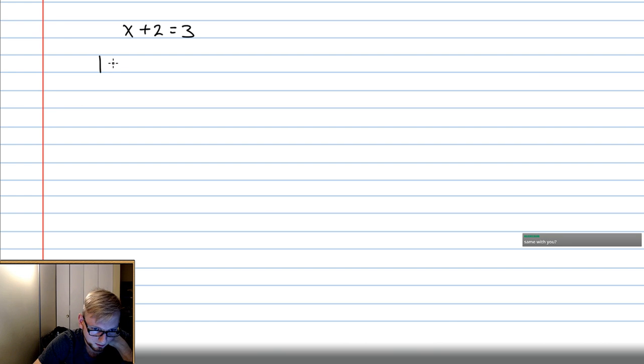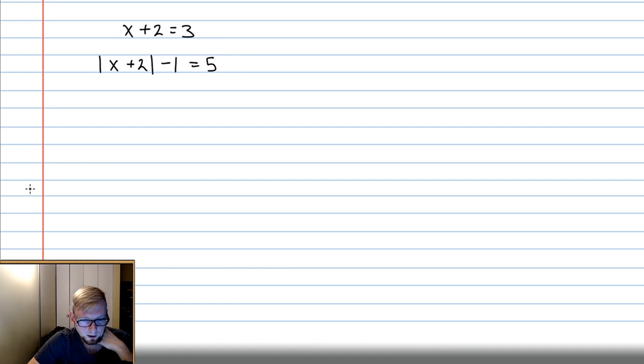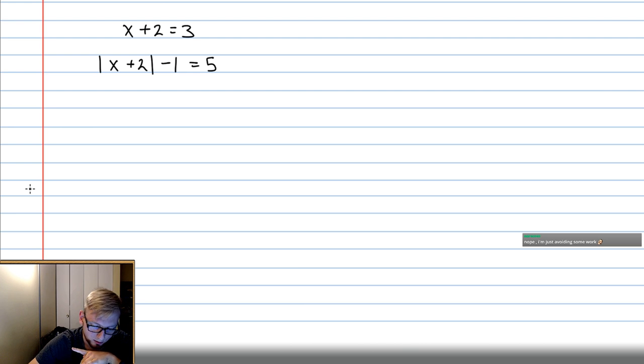Simple things like the absolute value of x plus 2 minus 1 is equal to 5, let's say. First day we kind of did graphing them, like what's the vertex of... So he was given a formula. f of x is equal to a times the absolute value of x minus h, what was it, plus k?